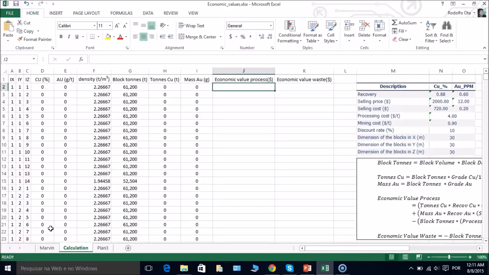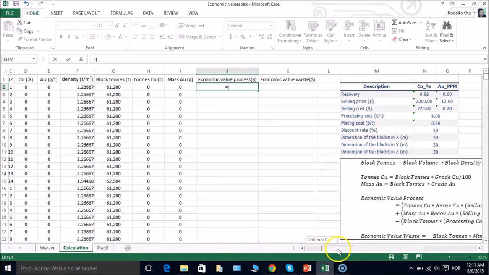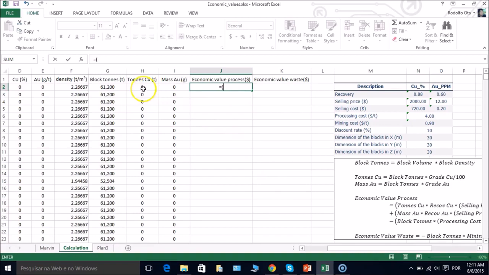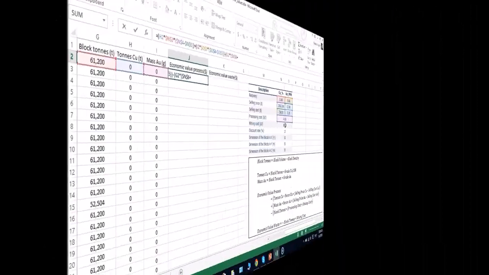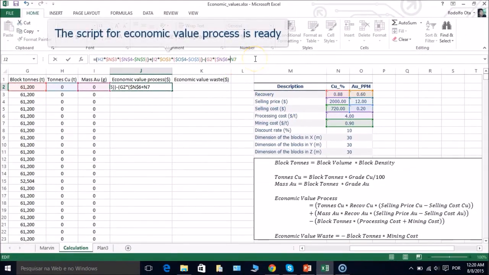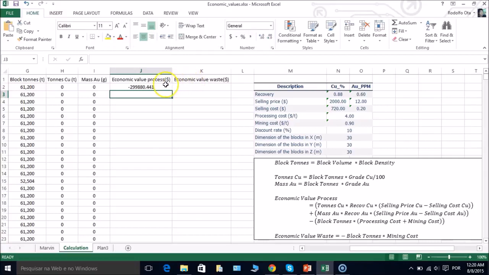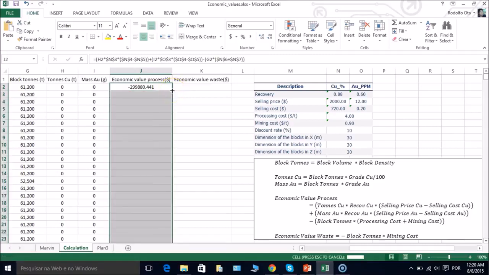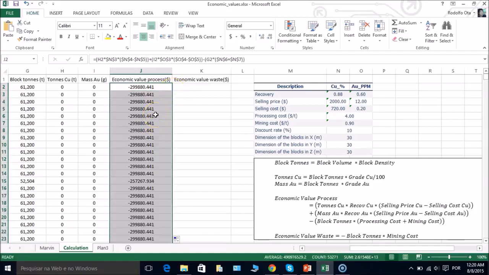So, with the data that we have so far, we can start the calculation of the economic values. Therefore, for the process, we can start typing the formula. Then after calculation you have here economic value process, then you double click here and then you have it for all blocks.